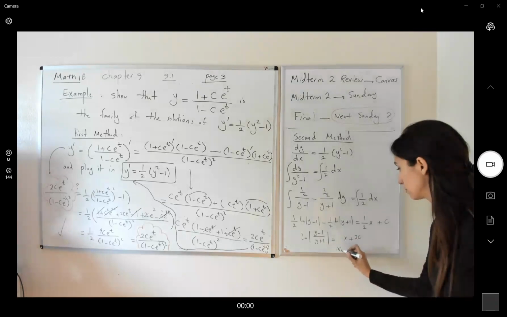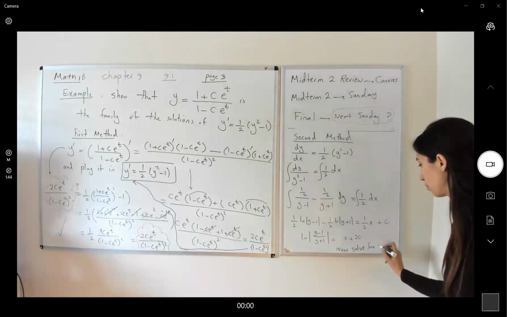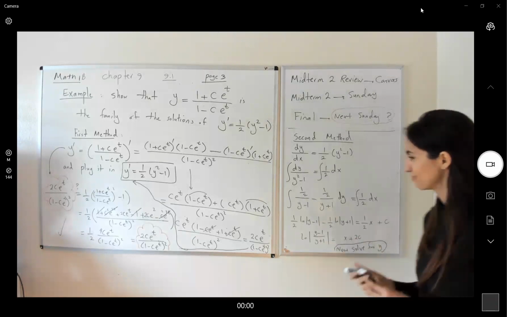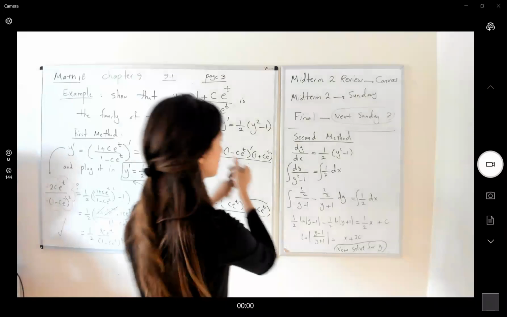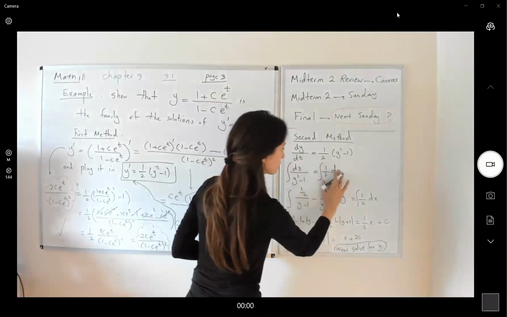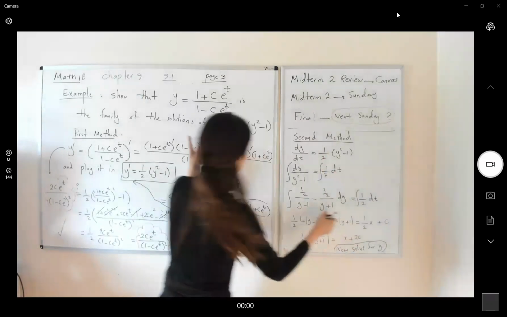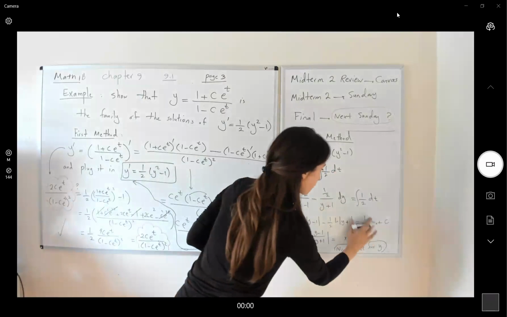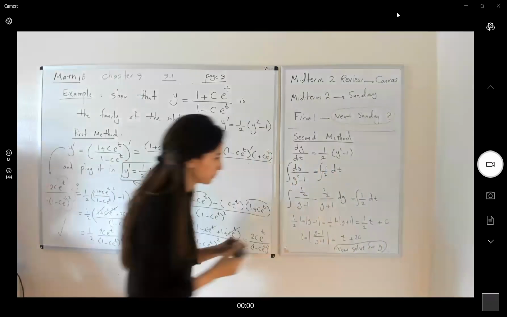Now, solve for y. Using the same formula, all of these are t. So instead of x, we'll substitute t to match the original differential equation. These are just t.